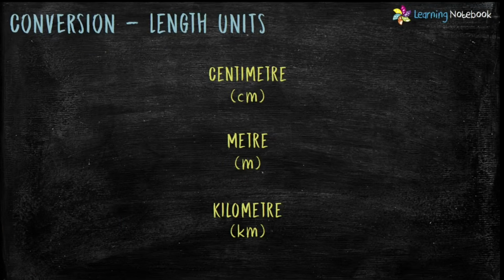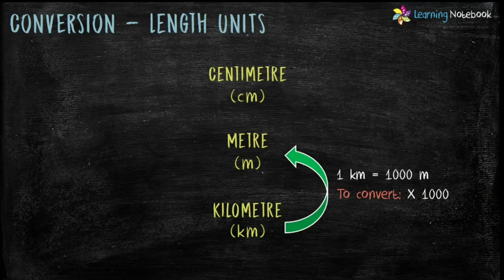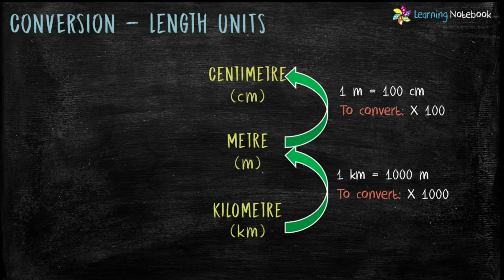Now let's summarize what we have learned so far. 1 kilometer equals to 1000 meter. So to convert kilometer into meter, multiply by 1000. Next, 1 meter equals to 100 centimeter. So to convert meter into centimeter, multiply by 100.